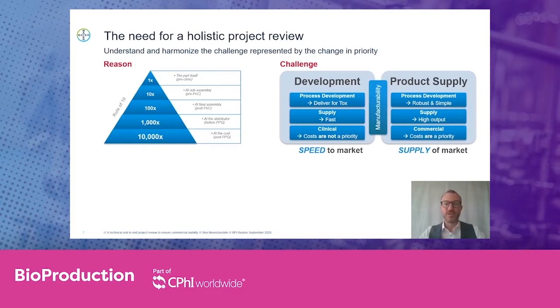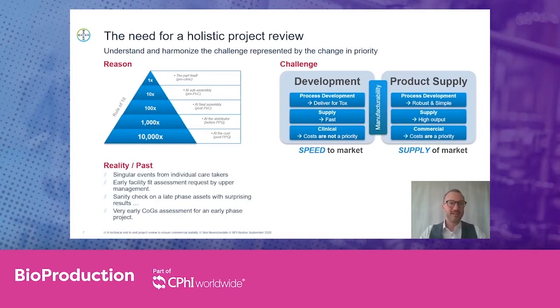It's, so to say, speed to market versus supply of the market. So the concept presented here tries to bridge these two views and tries to bridge the challenge itself.